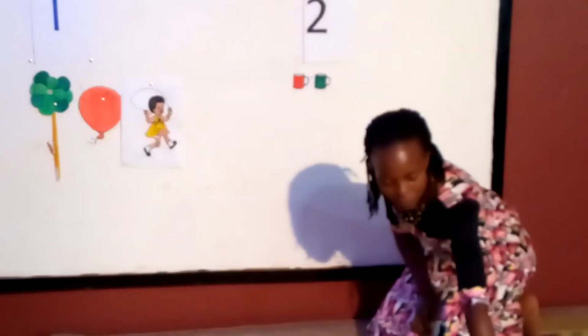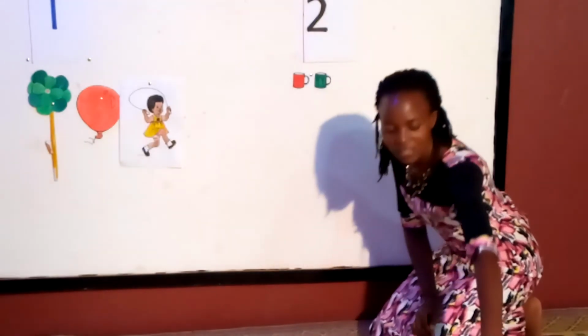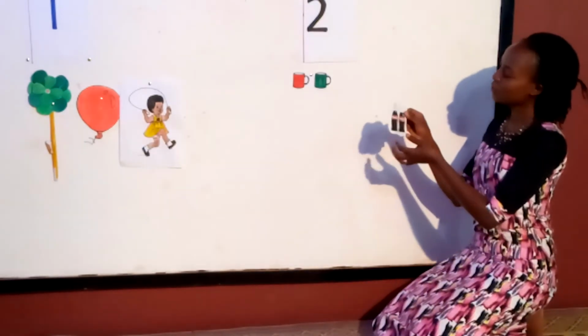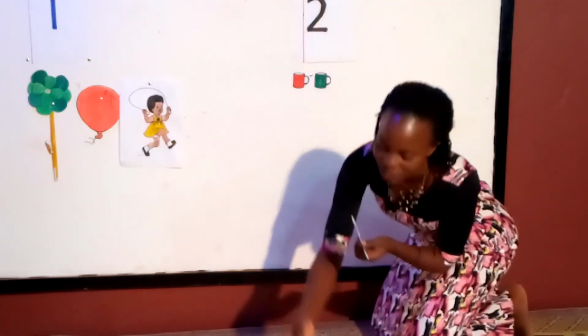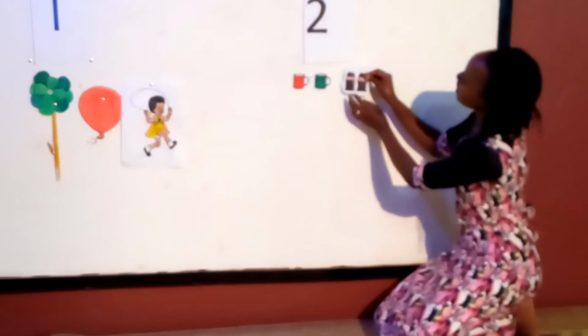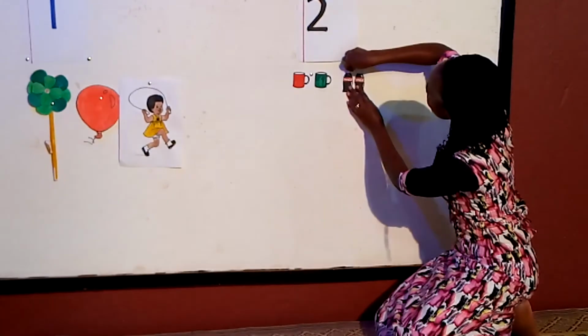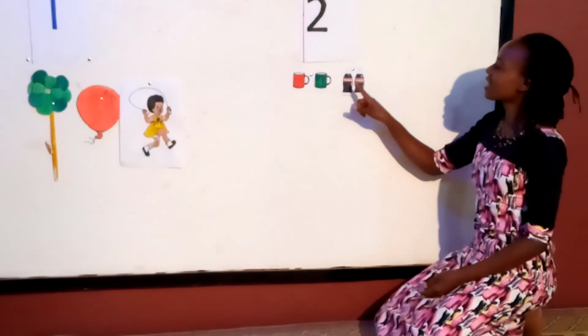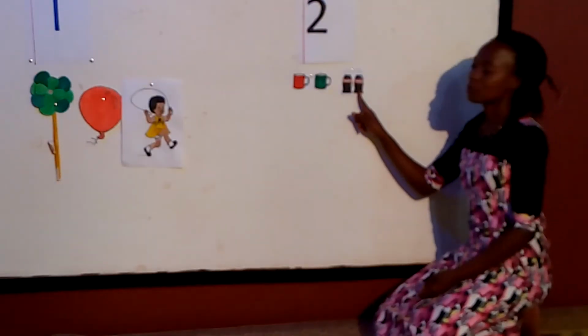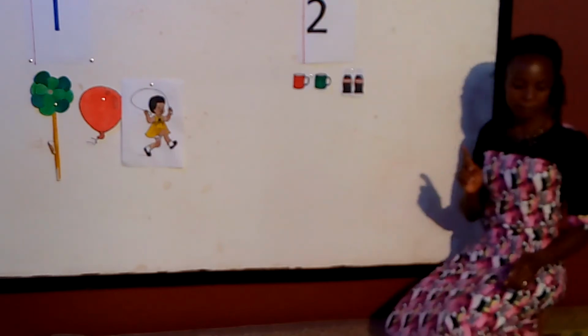We have 2 cups. And we want to get, for Little 2, 2 bottles of soda. I guess when she feels thirsty, she'll take. Okay, let's put them here for Little 2. And let's count the bottles. 1, 2. So Little 2 has 2 bottles of soda.